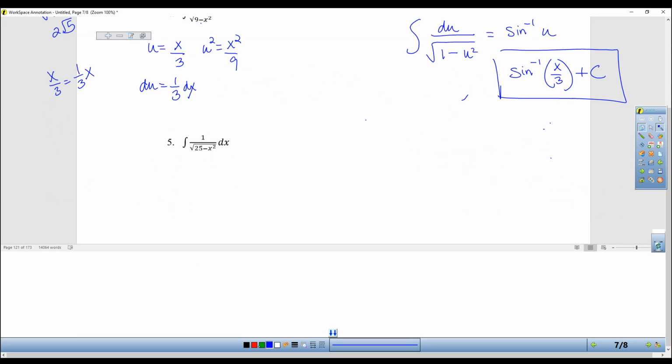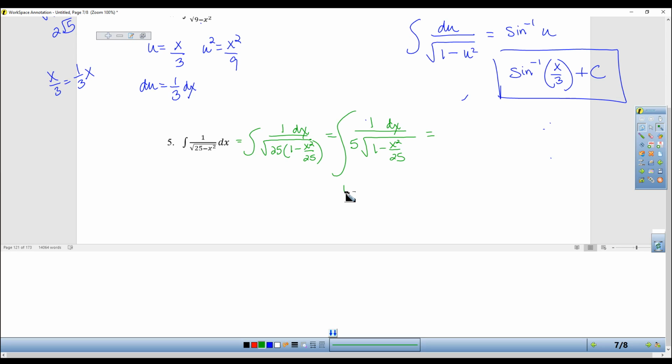You know I am. So again, I'm going to rewrite this. I'm going to factor out the 25 so I can get 1 minus x squared over 25. That gives me 1 over 5 square roots of 1 minus x squared over 25. There's still a dx. Try and keep your notation better than mine was.